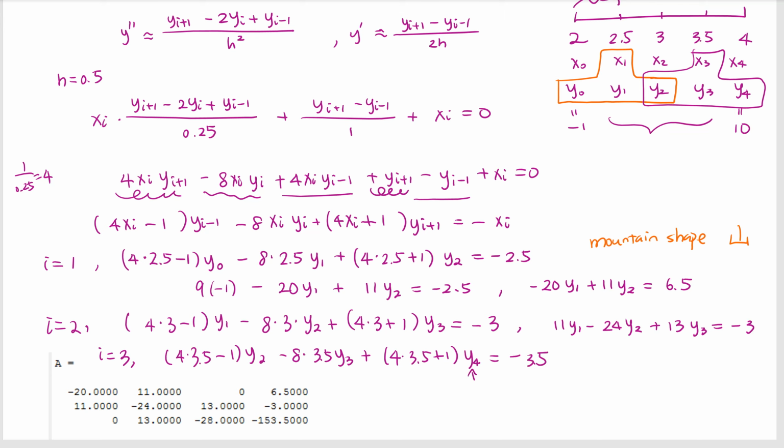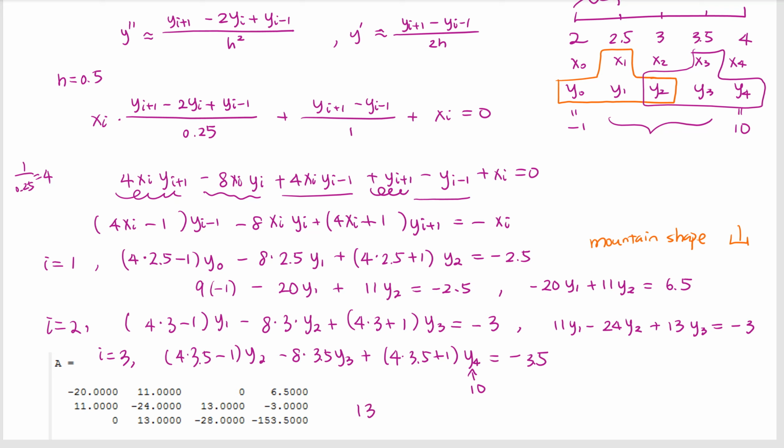But y4 is actually 10. 4 times 3.5, what is that? Okay, 4 times 5 is 20, 4 times 3 is 12. So this is 14, right? So 14 minus 1 is 13, right?